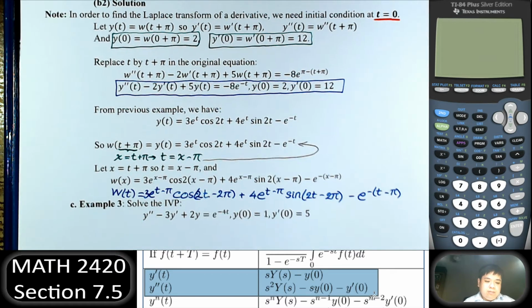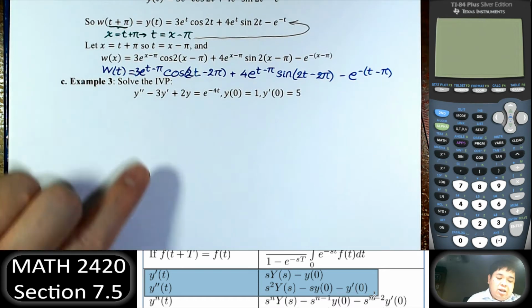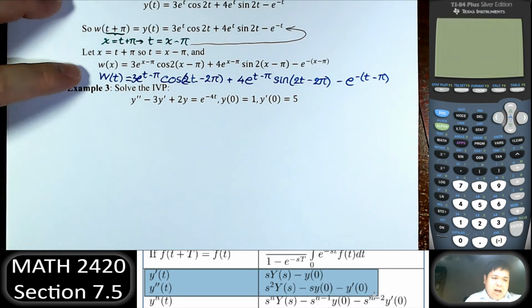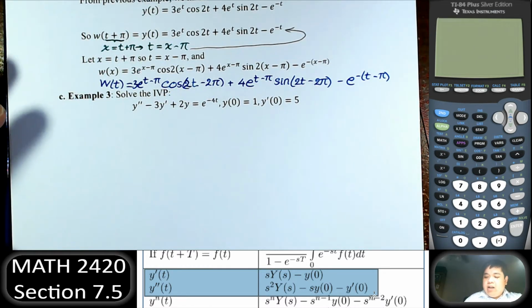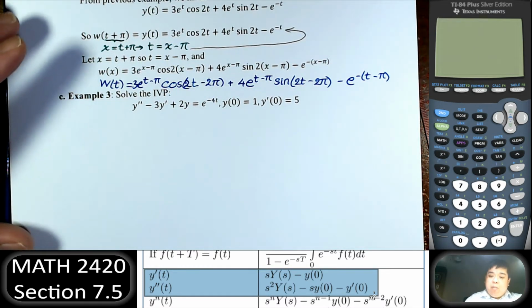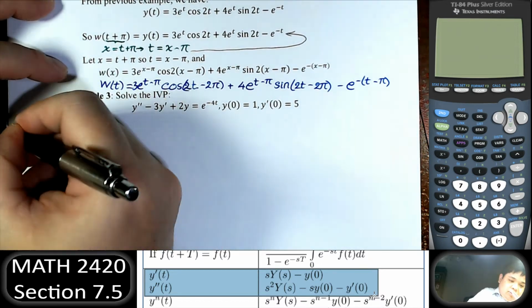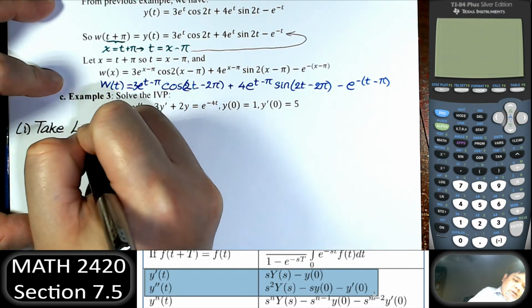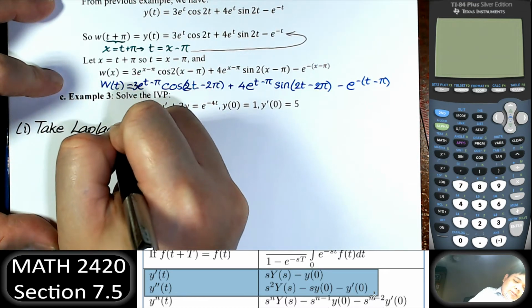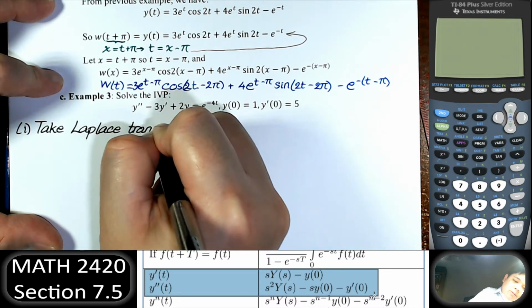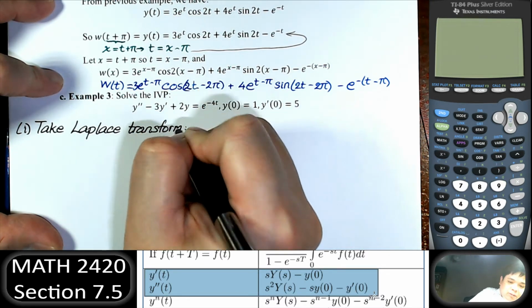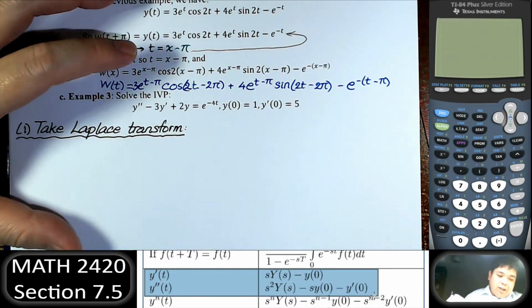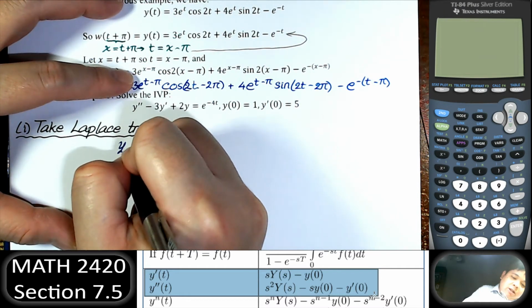Next, let's look at this problem. Solve the initial value problem. The first step is, of course, to apply the Laplace transform on both sides.